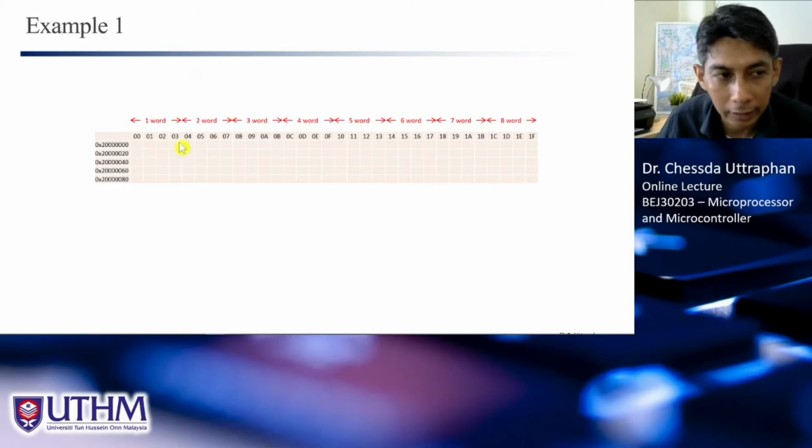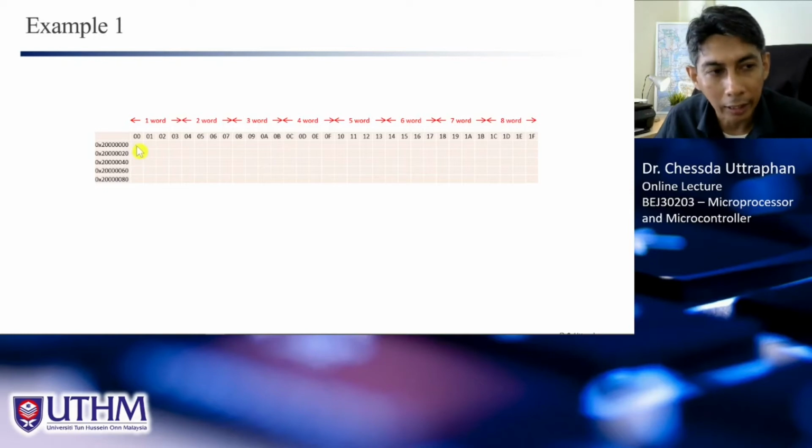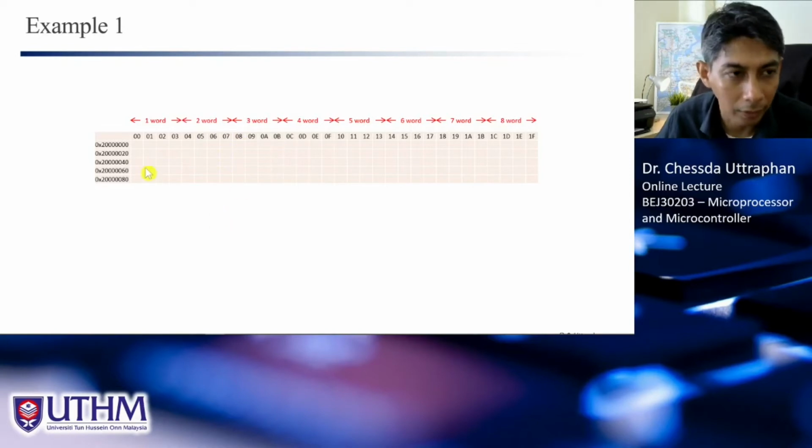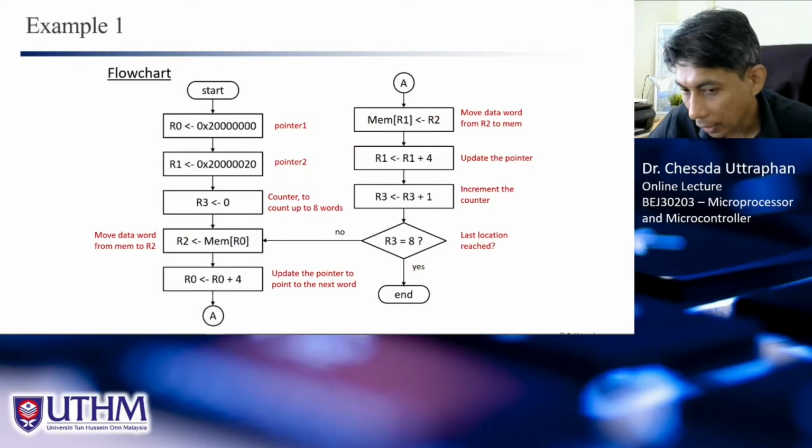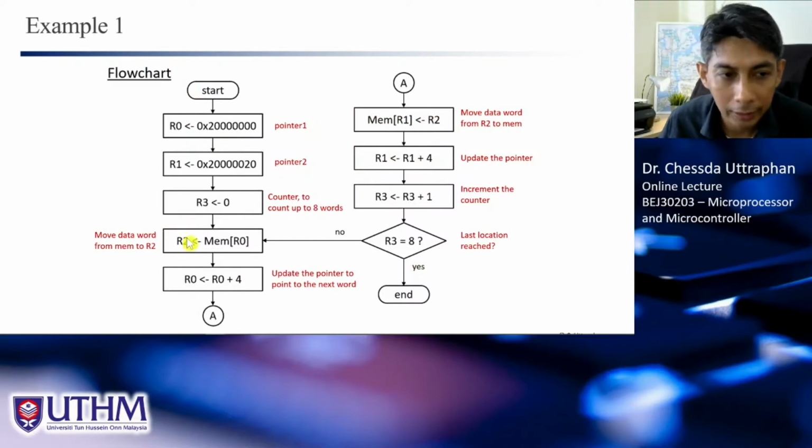One word here means that we can have this data from this to this go to here, and then the next word go to here, the next go to here, and so on, right? So it will reduce the size of your program.